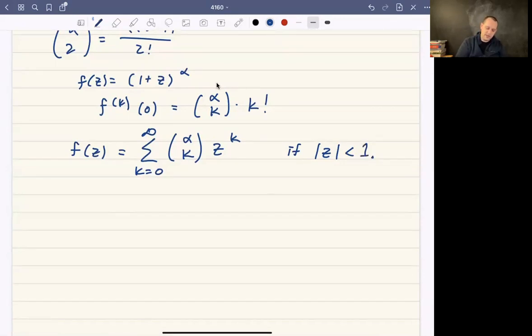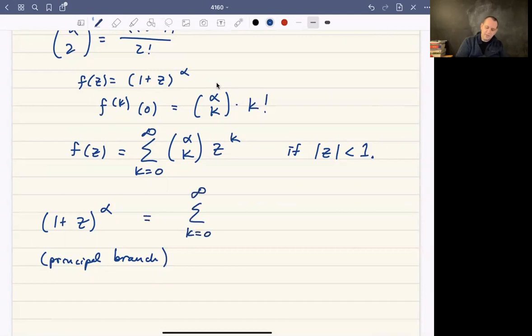So what this says in a nutshell, let me just write it out, is that if you look at 1 plus z to the alpha, and in particular you look at the principal branch, which we need in order to make this well-defined, then this has a power series representation: the sum as k goes from 0 to infinity of alpha choose k times z to the k.